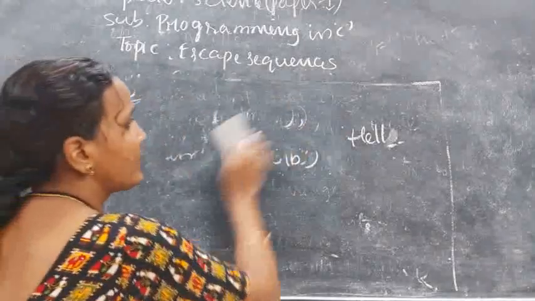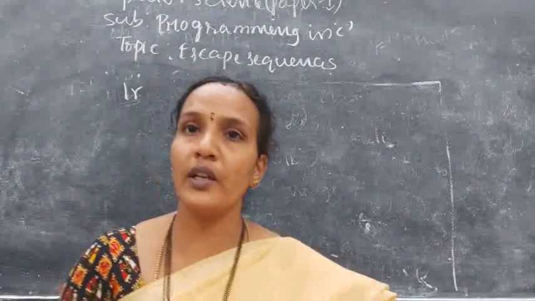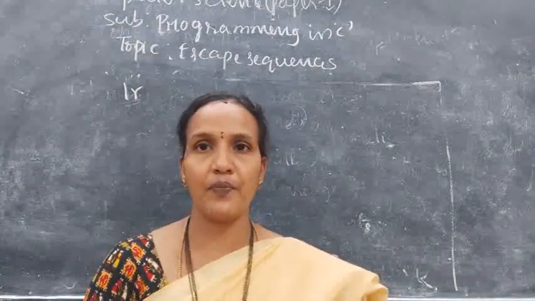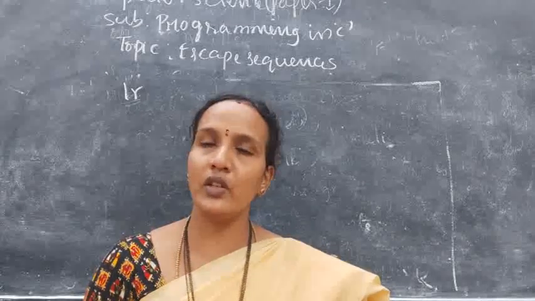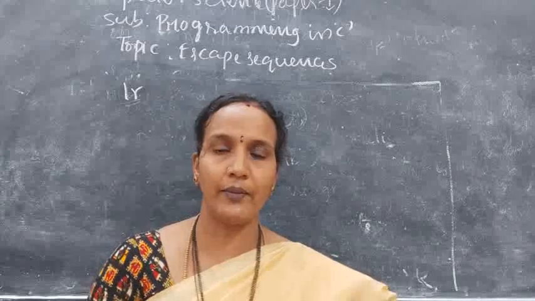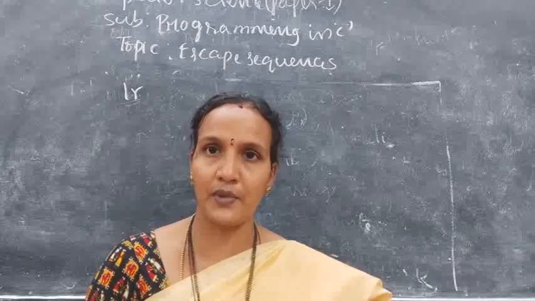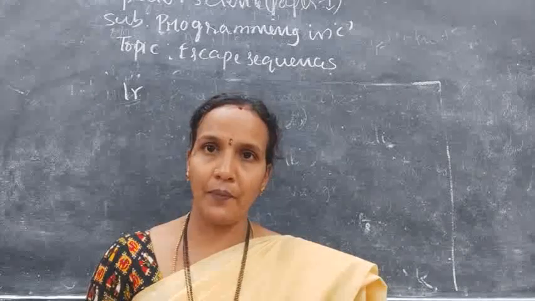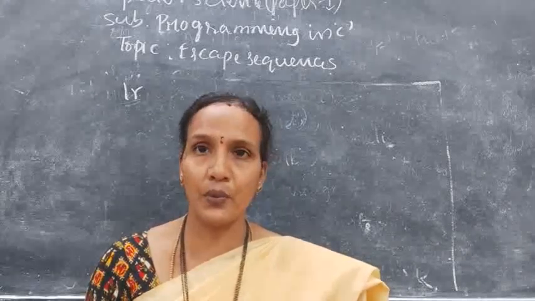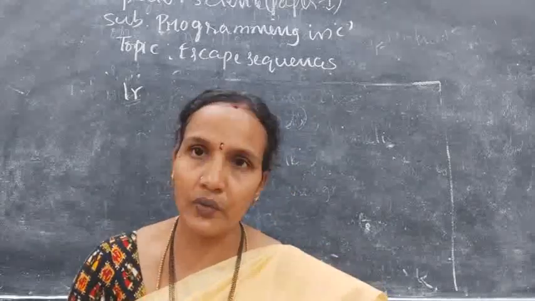Now the next one is backslash R, carriage return. What is the use of this escape sequence? It moves the cursor position. Generally the cursor position is at the end of the line. But if you apply this backslash R escape sequence, the cursor position moves to the first position of the line, at the beginning instead of the end.